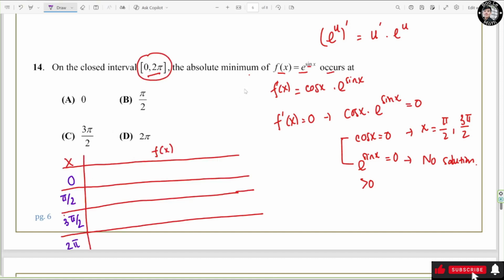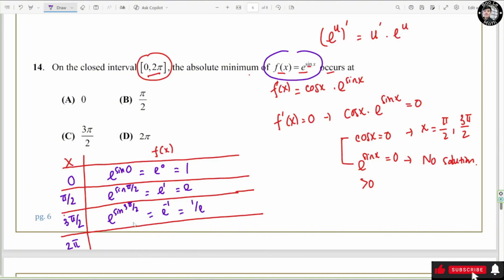Now substitute 0 for s into the original function right here. So we have e to the sine of 0, which is e to the 0 equals 1. e to the sine of pi over 2 is e to the first, which is e. This is e to the sine of 3 pi over 2, so it's e to the negative 1, which is 1 over e.